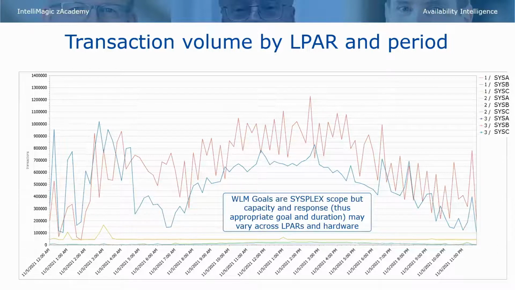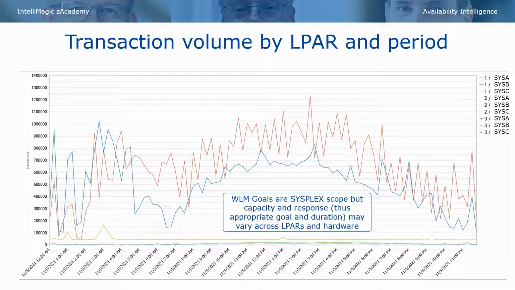Just one last chart here, expanding by LPAR. We've been looking at total transaction rates, CPU time, and response time across the Sysplex. As most of you probably know, WLM scope is by Sysplex. Obviously, there can be multiple LPARs in a Sysplex, and those LPARs can be on different capacity machines.